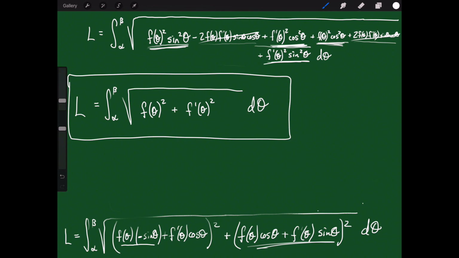Okay, so if you have a polar curve, f of theta, the way that you'll take the arc length is you integrate from alpha to beta of the square root of the original function squared plus the derivative of that function squared d theta, and you'll get the arc length in polar coordinates.